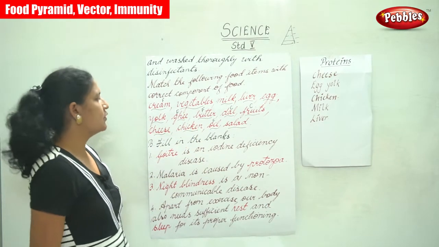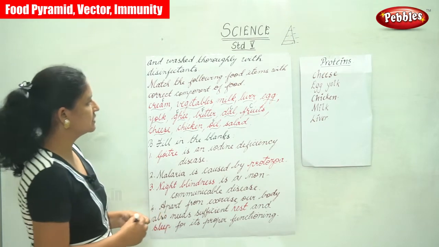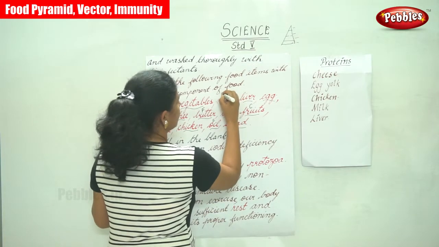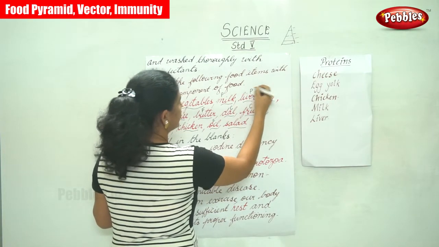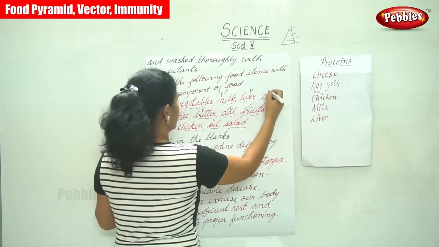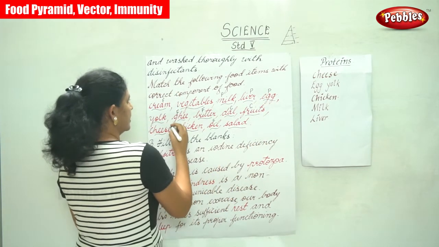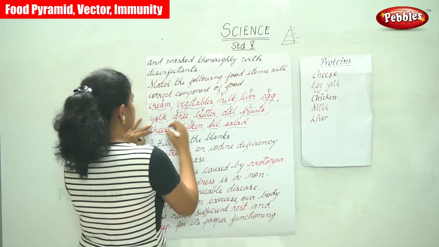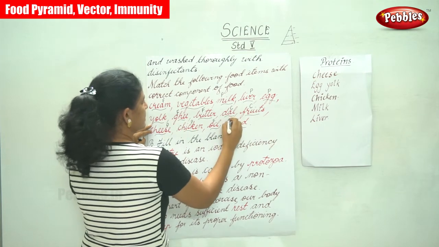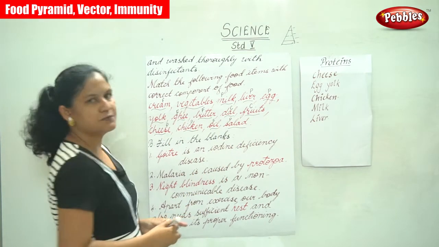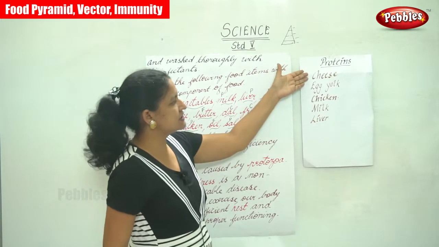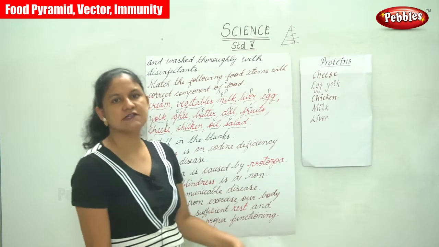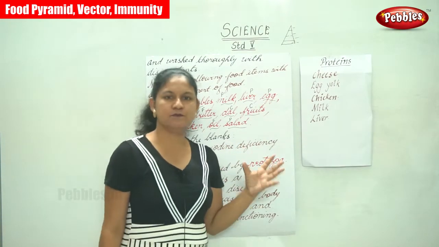Under proteins we have vegetables, milk, liver, the egg yolk, chicken, cheese, and the salad. So under proteins I have placed cheese, egg yolk, chicken, milk and liver. These food items are all rich in proteins.